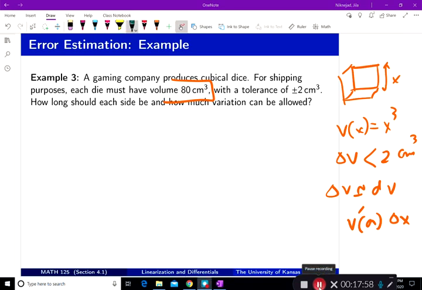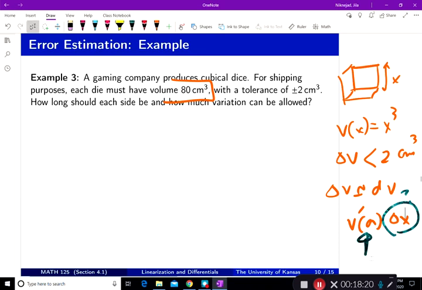Now, one thing is that I don't know what A is, so I have to figure out what A is, and then I have to figure out what delta X is.